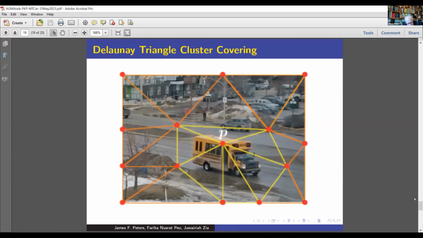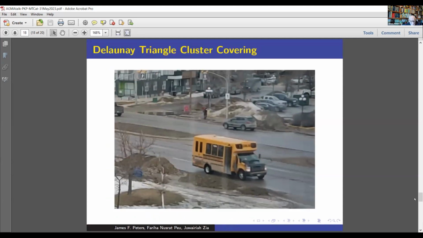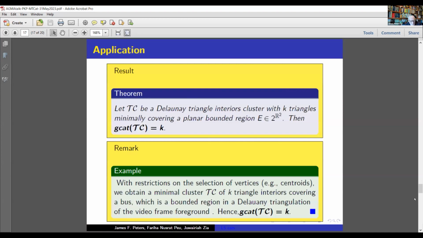And notice that the cluster of triangles that have yellow edges, the interior of those triangles covers the bus. With the central vertex P, we can easily move to the result we had, namely that we have a geometric category for that triangle cluster.